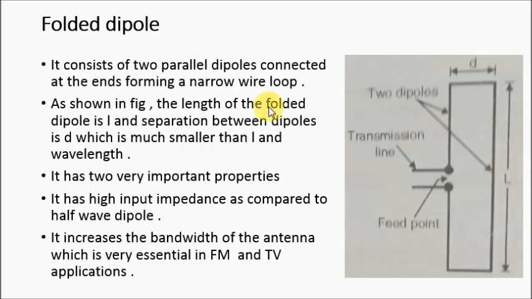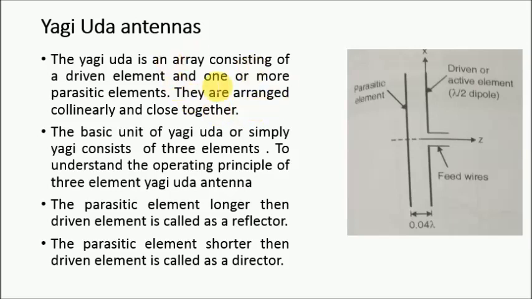Two properties are mentioned here, and these properties are very important. Now the Yagi-Uda antenna has a parasitic element, and again it has the dipole. So the Yagi-Uda antenna is an array consisting of a driven element and one more element, which is called the parasitic element. They are arranged in this fashion.